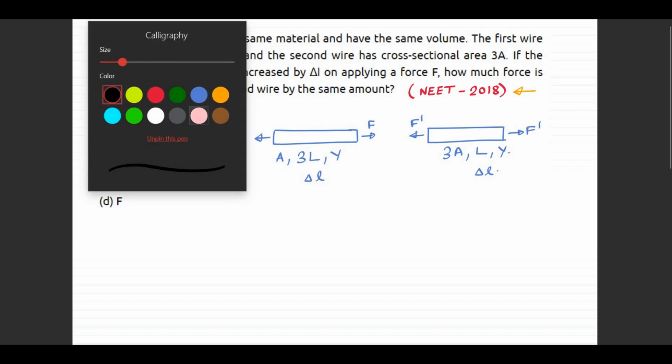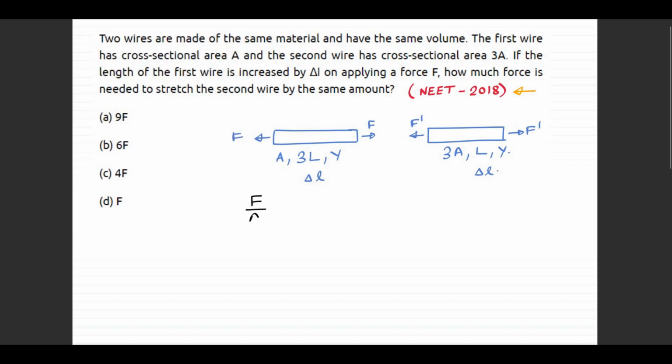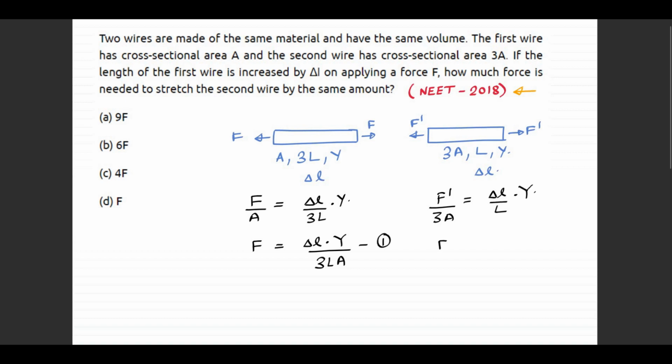So can I write this is equation 1. We are using Hooke's law. This A should have been here.